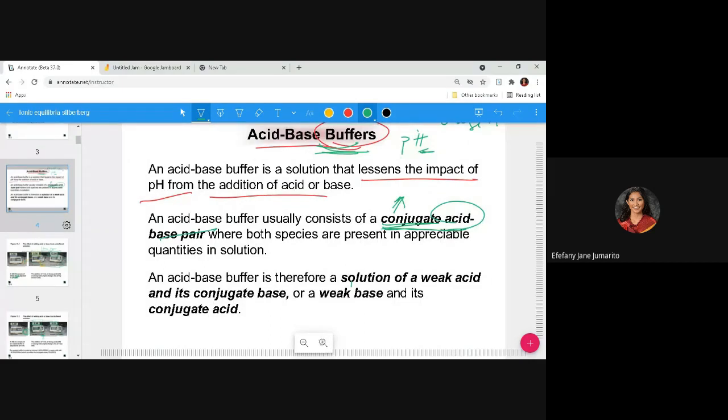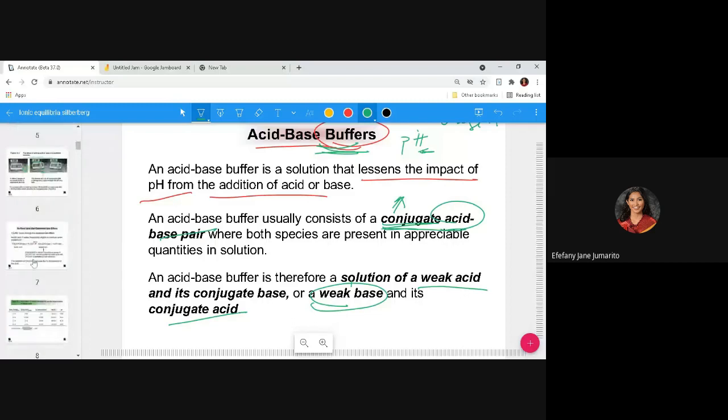An acid-base buffer is therefore a solution of weak acid and its conjugate base, or a weak base and its conjugate acid. So that's your buffer. Your buffer consists of a weak acid and its conjugate base, or a weak base and then the conjugate acid.